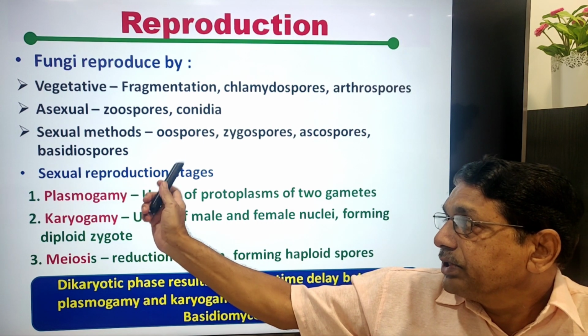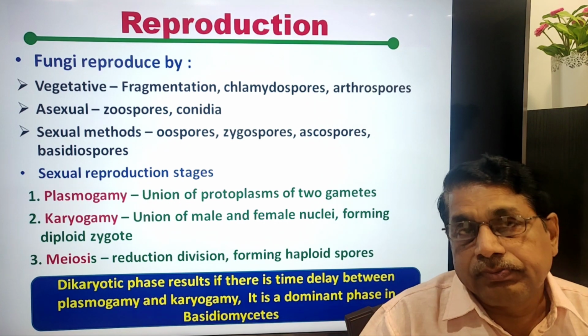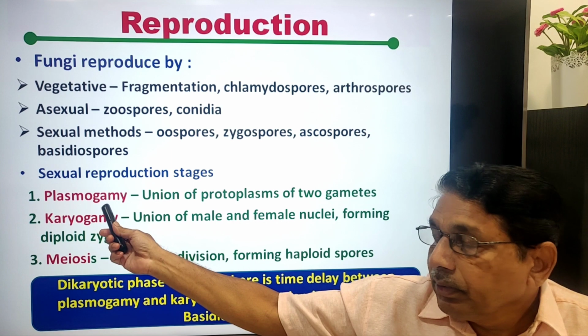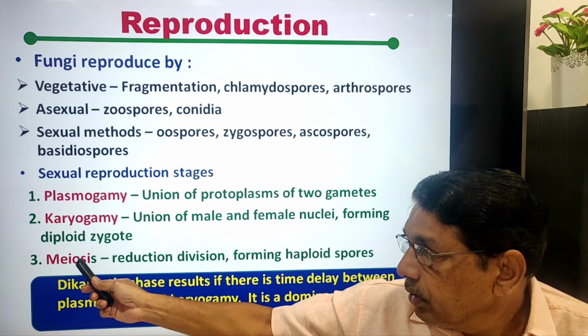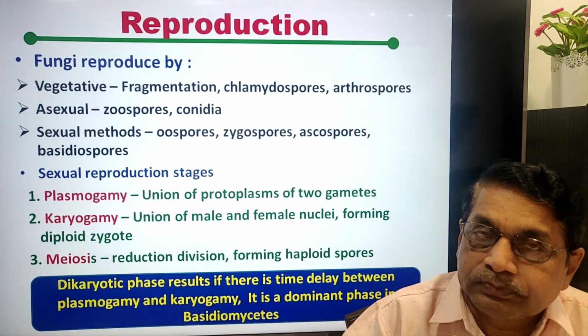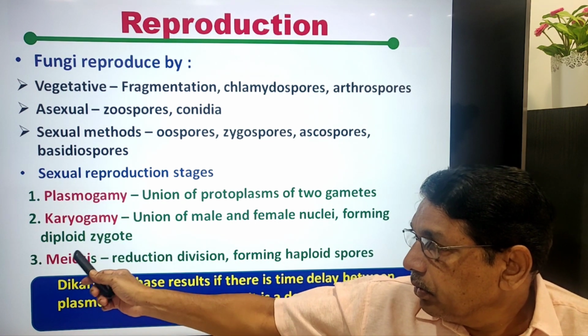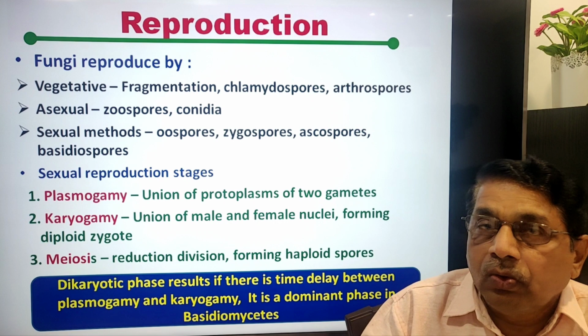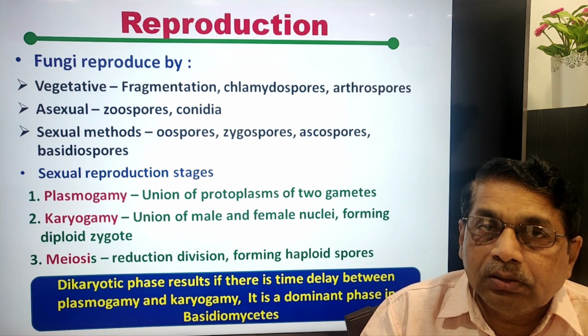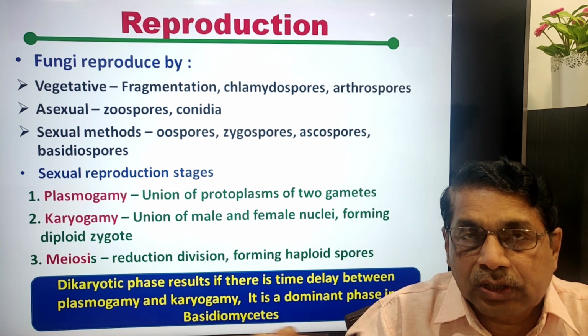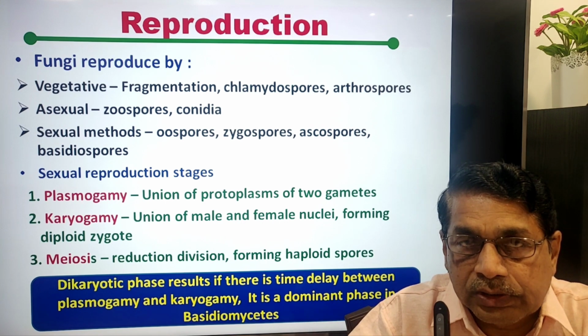Sexual reproduction stages, 3 stages. In a true sexual reproduction: plasmogamy, karyogamy, meiosis. Again, plasmogamy, karyogamy, meiosis. What is plasmogamy? Two gametes, male gamete and female gamete, come together and unite.